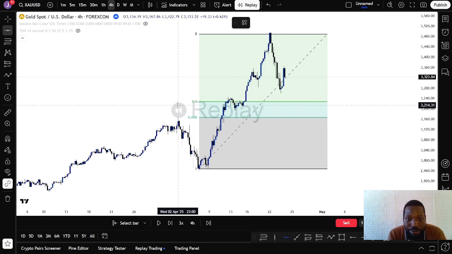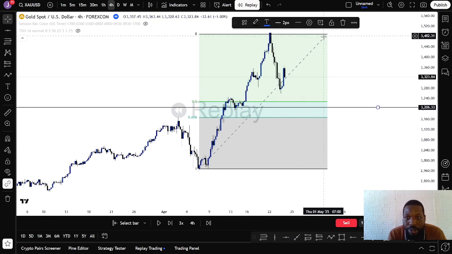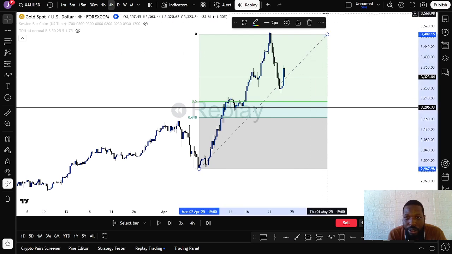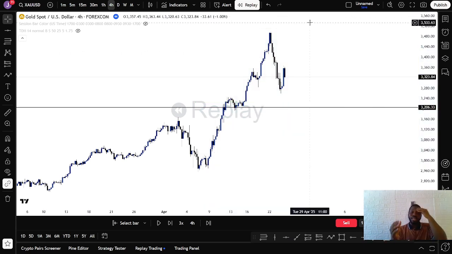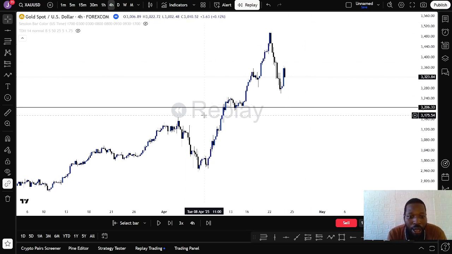And the reason why we chose that level is that, if you look at it, it looks like a neckline. Neckline levels are very, very strong, right? But this time it is at the 0.5 Fibonacci level. So let us see how price is actually going to move.